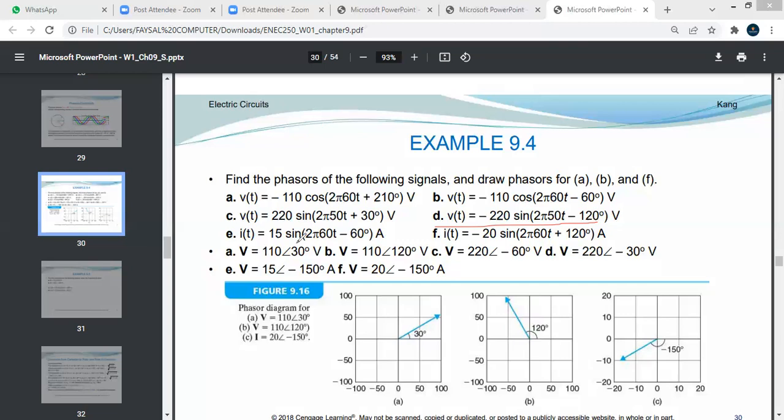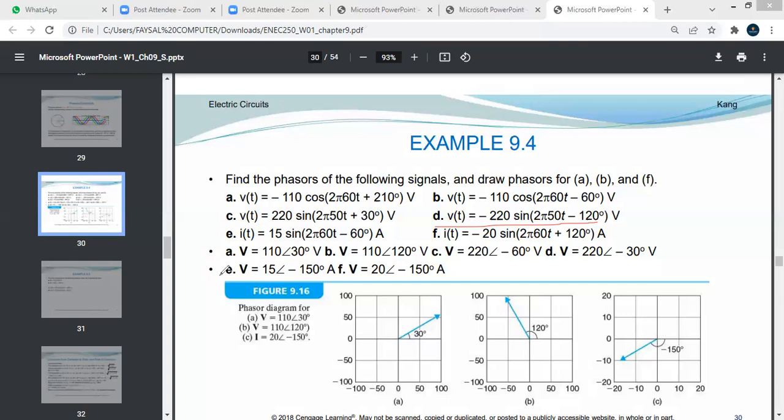So 120 basically is the phase shift of my system, where the value having the lag of 60 degree in the first quadrant, and 90 degree in the third quadrant. So 60 and 90 will be my 150. So this will be written as lag, so lag will be written as minus 150 degree. So 20 is my amplitude, and lastly the value of my angle or the phase shift.